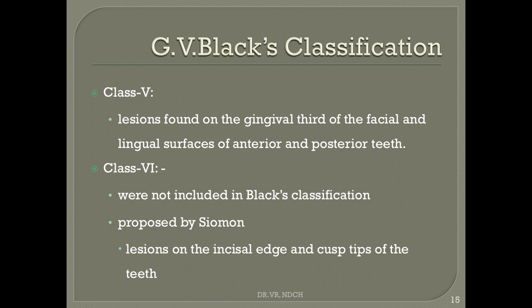Then you have class 5, wherein lesions are found on the gingival third of the facial and lingual surfaces of anterior and posterior teeth. Now class 6, as I told you, was proposed by Simon, wherein there are carious lesions on the incisal edge and the cusp tips of the teeth.